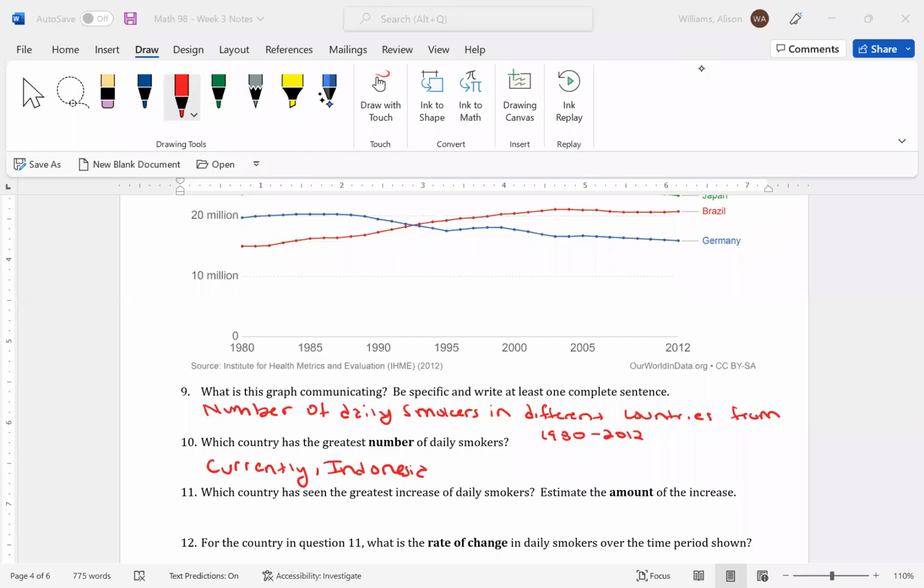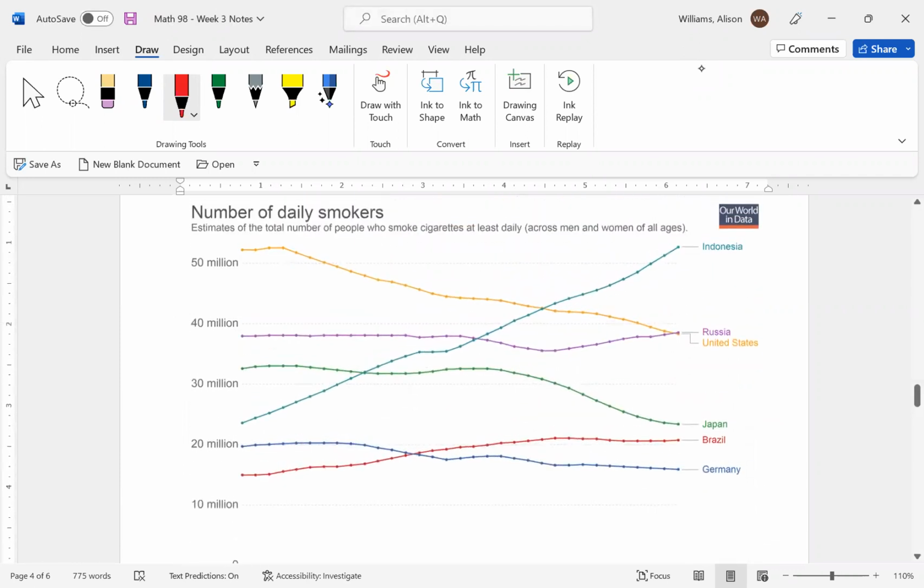Which country has seen the greatest increase in smokers, and let's estimate the amount of increase. Okay, so an increase, well, again, Indonesia. They increased from, that looks like it's less than 25 million, so maybe like 24 million, all the way up to, well, I'm trying to kind of, maybe 53 million.